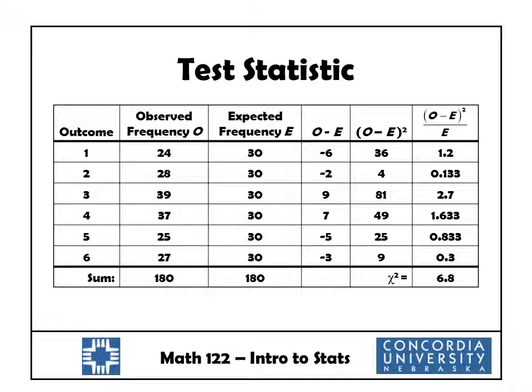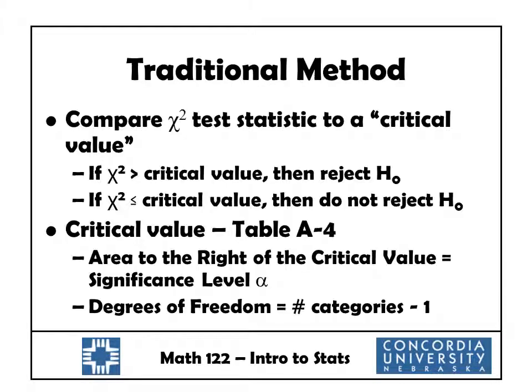We calculated the expected frequencies, which are simply the sum of the observed frequencies times the claimed proportions. And then in the end we took the observed minus the expected, squared it, divided by the expected, added it up, and we got our chi-square test statistic. And then we used a traditional method to come to our technical conclusion.